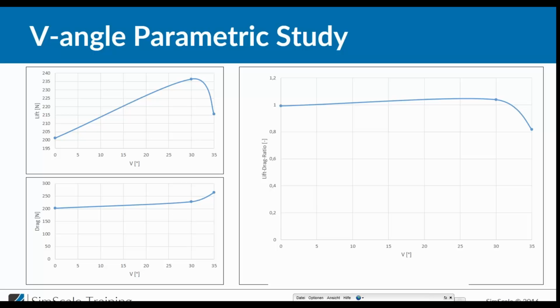But for the 30 degrees, we have almost 35 Newton of force additional to the parallel position, or the 0 angle, and we can see clearly that this position increases the lift force, and if you increase the lift force, this will for sure give you more range to fly far away.